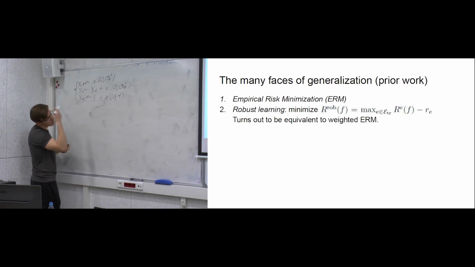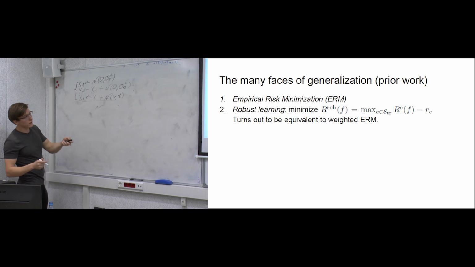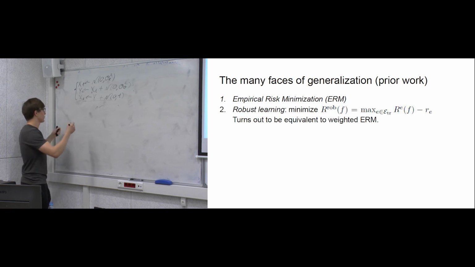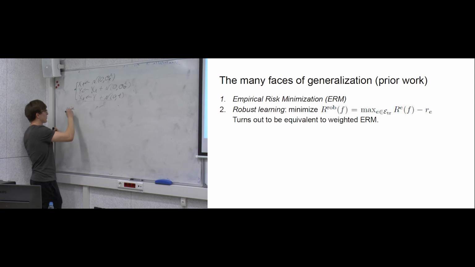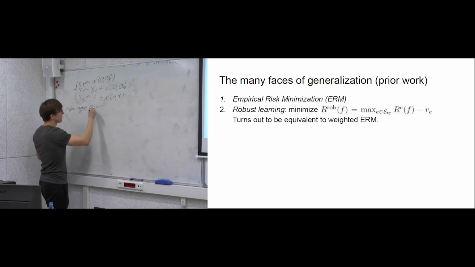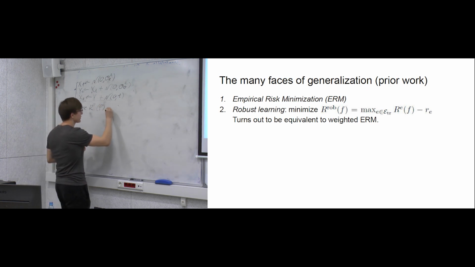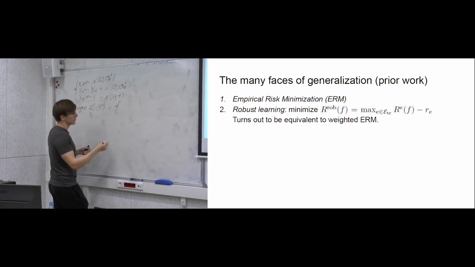But it turns out, and we will show that very simply, that this robust learning is actually a weighted version of empirical risk minimization. Because if we want to minimize across all the predictors the maximum risk of this predictor, this is basically the following constrained optimization task.